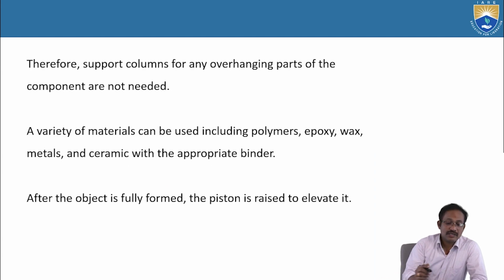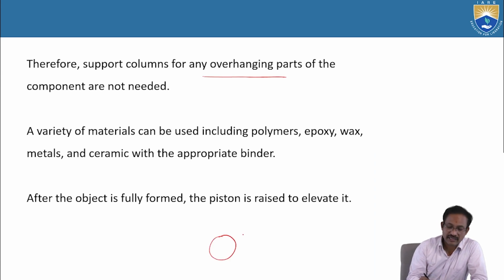Therefore, support columns for any overhanging parts of the component are not needed. Here overhanging parts do not require any support. Already we have discussed that. Let us say for this kind of thing, it can rest on the ground.